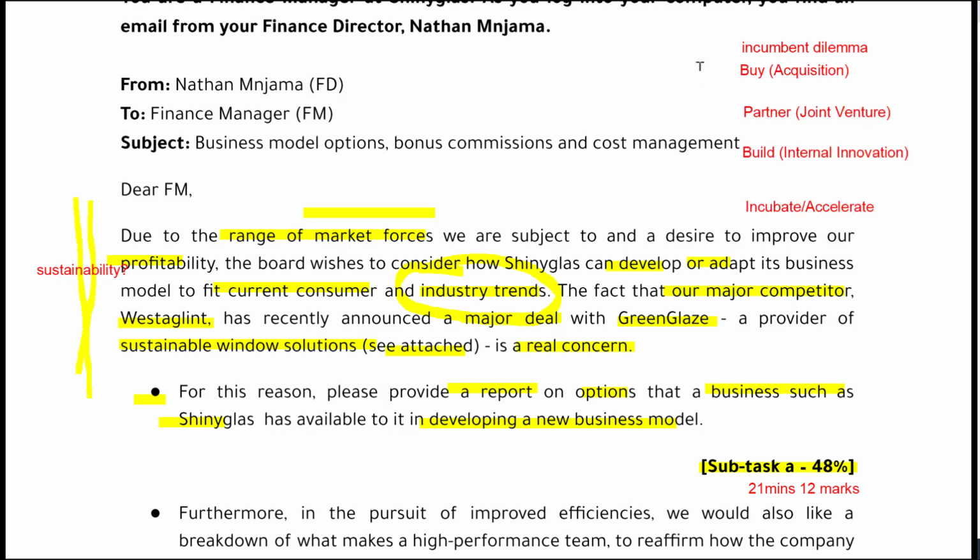Well, also in the incumbent dilemma, there are some different strategies you can take to alter your business model. They are buy, partner, build, incubate. In fact, there's a couple more, there's invest and things like this, but this will suffice for what we're talking about. So basically, in my report, I've already come up with these ideas, and I know that the question is worth 12 marks.